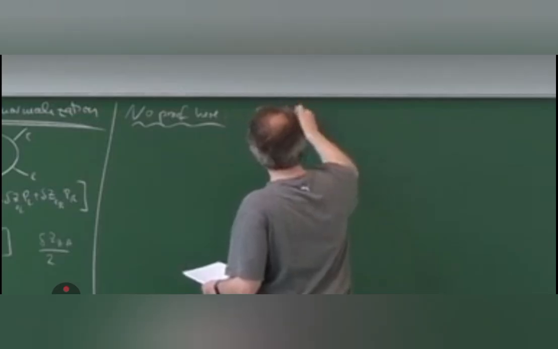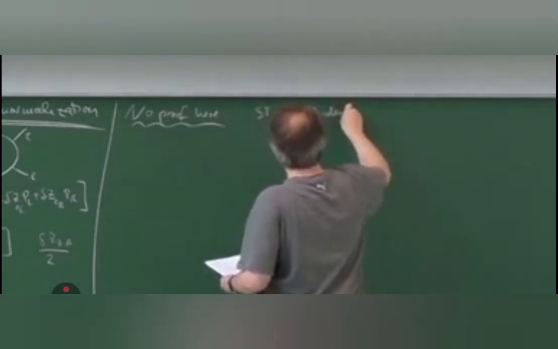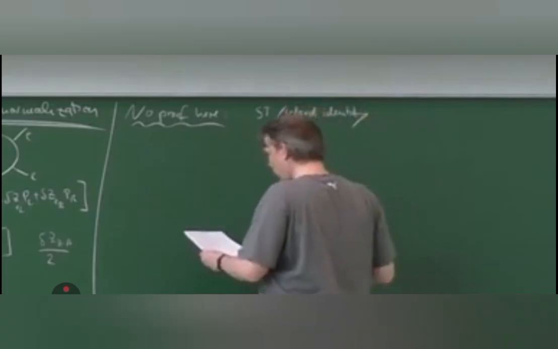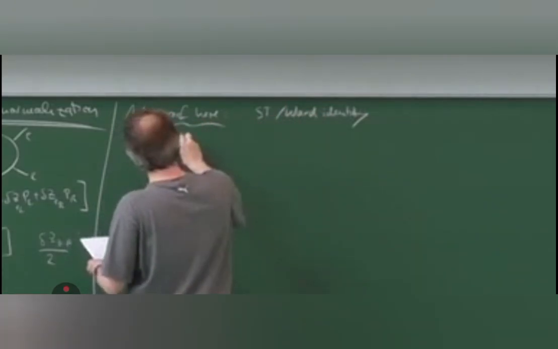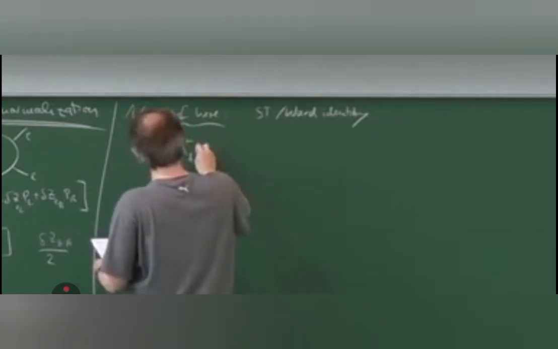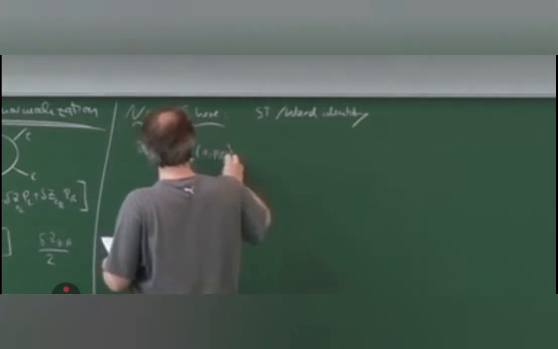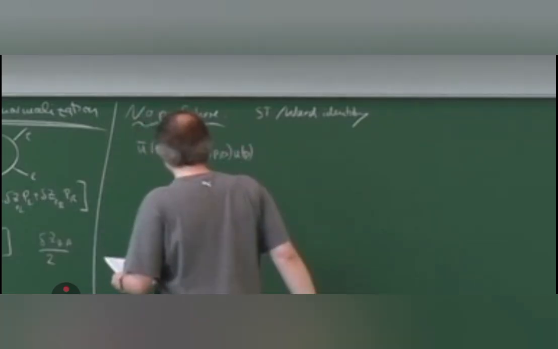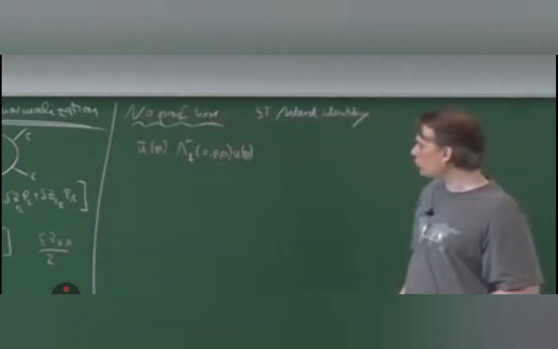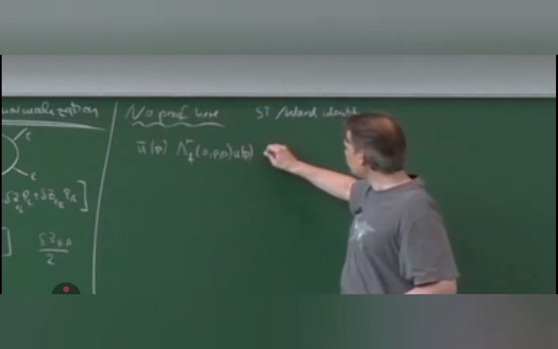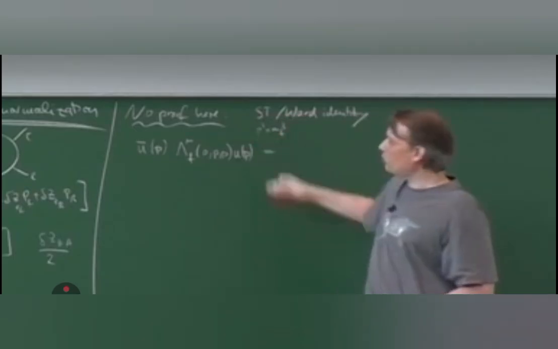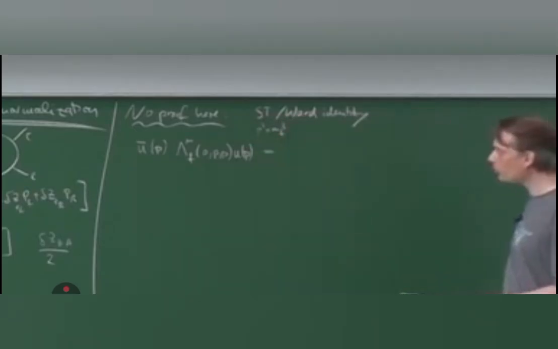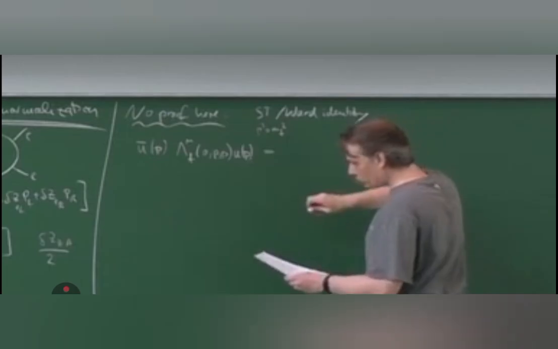So there is a Slavnov-Taylor or Ward identity, which looks as follows: u bar of p times lambda_F mu at momentum 0, p comma p, u of p, where the momentum p is of course on-shell specific to the fermion, so p squared is equal to m_F squared, where m_F is the physical mass of the respective fermion. And so this, for any fermion, has the following value.